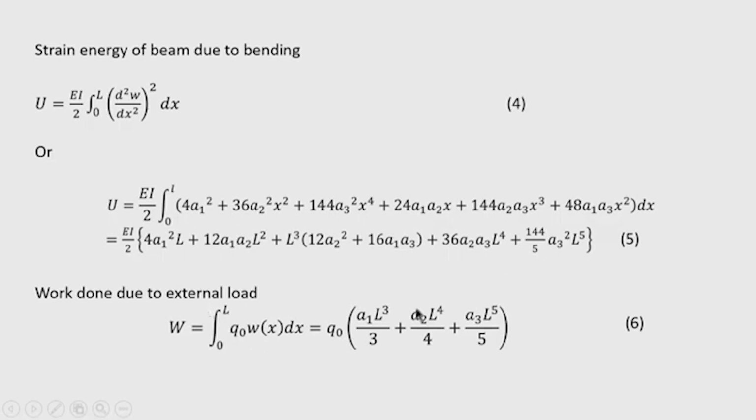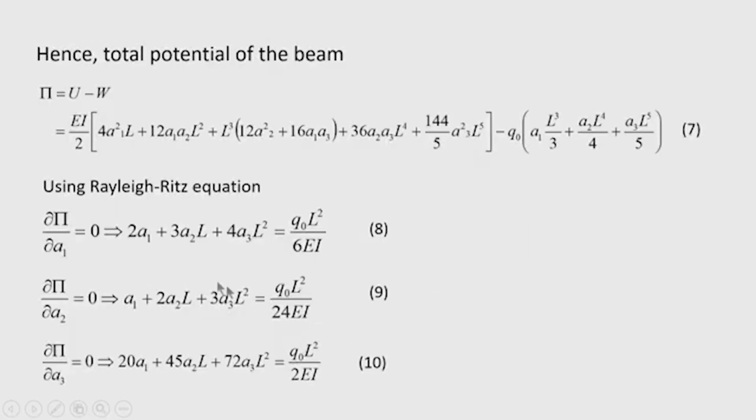Work done by the external load is calculated as this, because this is a very simple integration, no derivative of W is involved. So, we calculate this quantity and then the total potential is obtained, and using Rayleigh's equation, because here 3 constants are involved, 3 terms are used in expressing the deflection, we use the partial derivatives of pi with respect to A1, A2 and A3, and these 3 partial derivatives are evaluated and equated to 0.